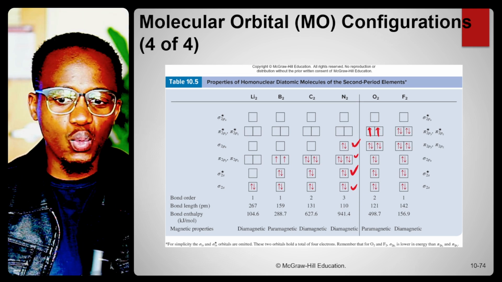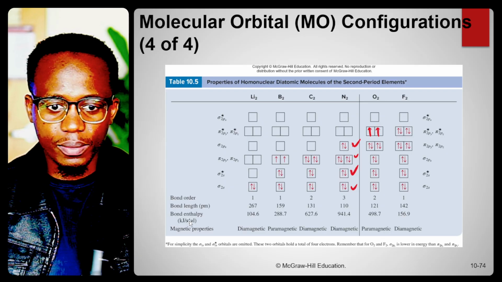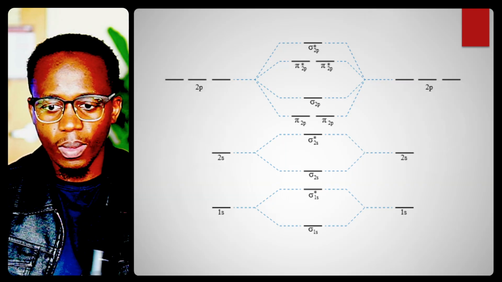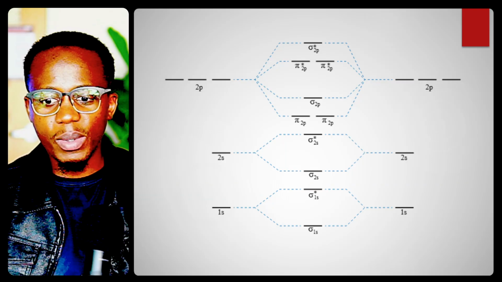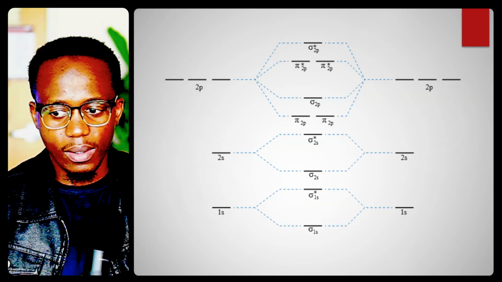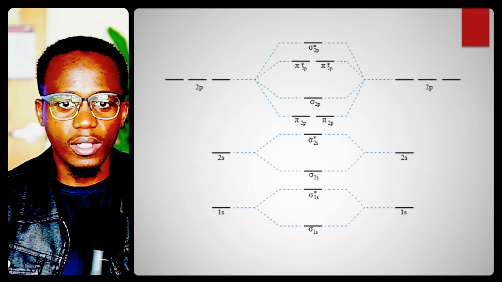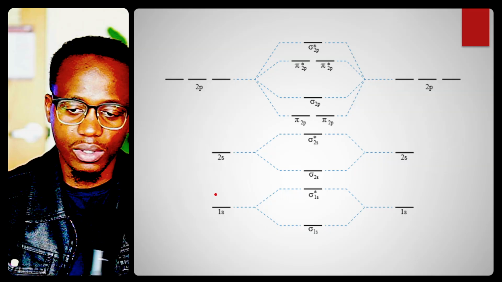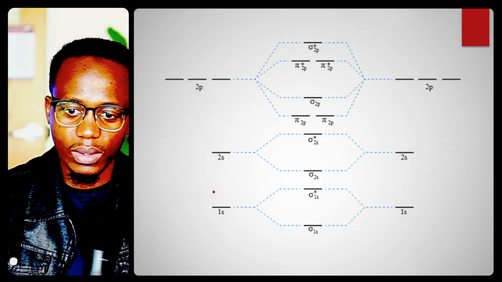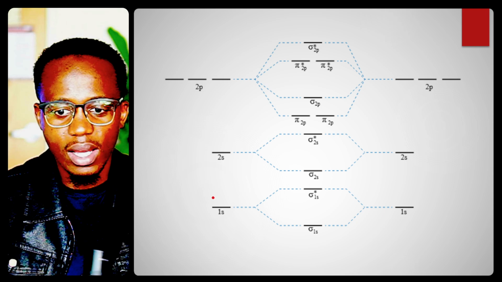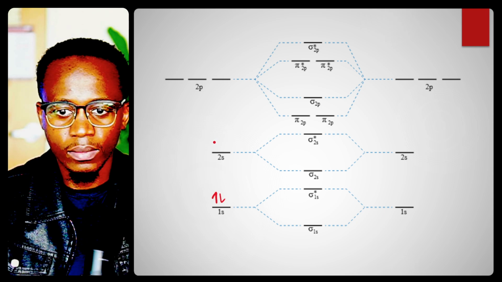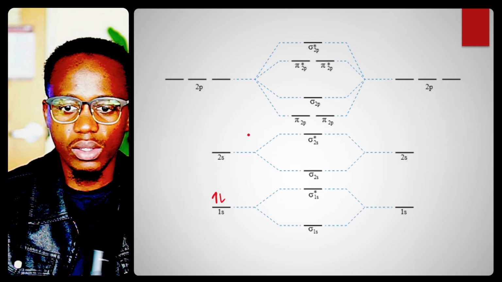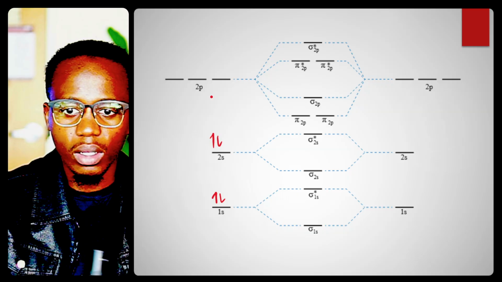All right, so there are 2 ways to look at this, right? So one way is this. You have 2 atomic orbitals that combine together, right? So let's say nitrogen, if I have 5 electrons of nitrogen, I can put them together like this: 1, 2, 3, 4, 5, right?